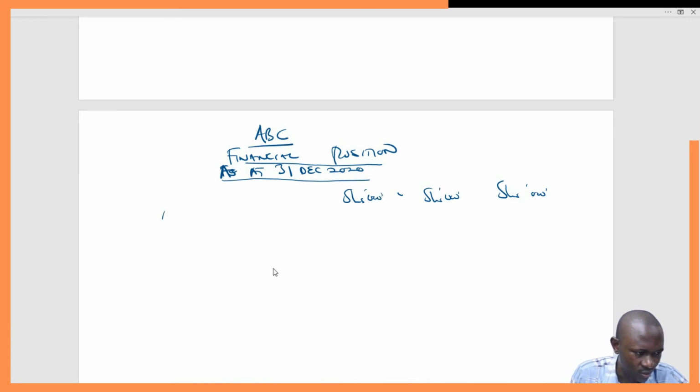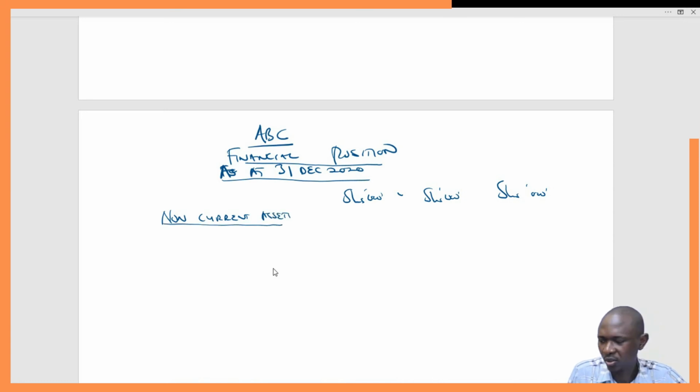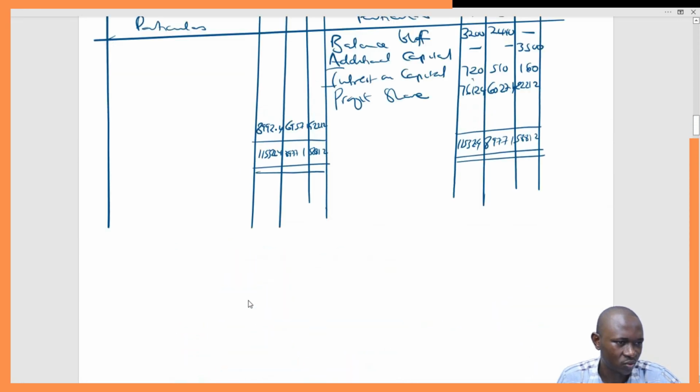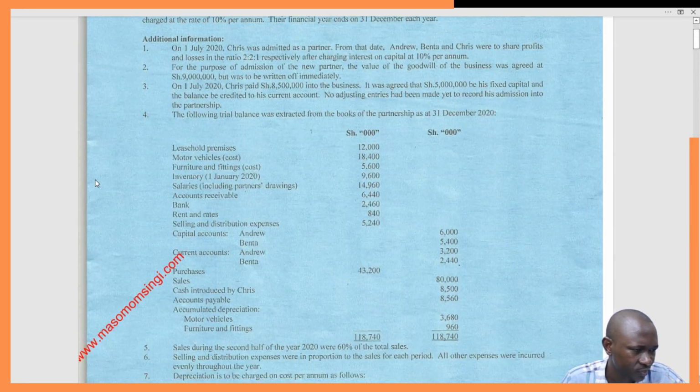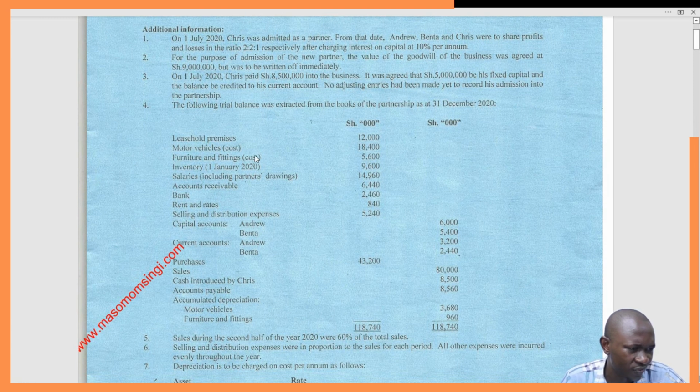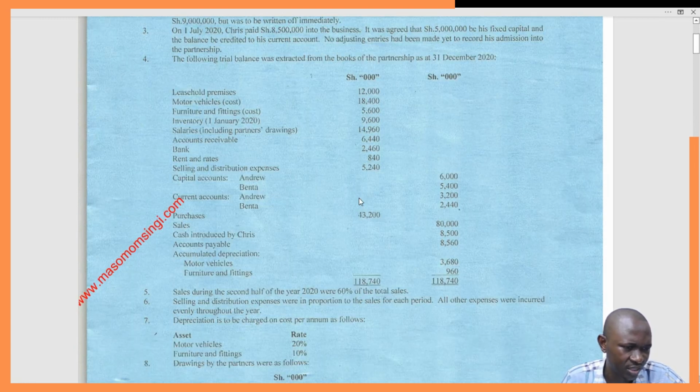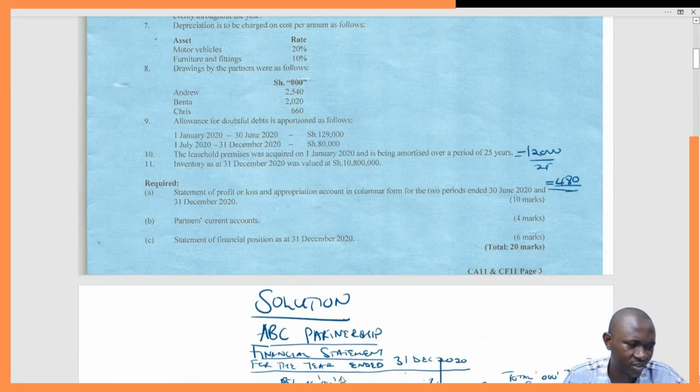Then we start with the balance sheet. The balance sheet starts with the non-current assets. So we'll go straight into the non-current assets. I think we had motor vehicle and furniture, 18400 and 56. That's what we are going to pick.